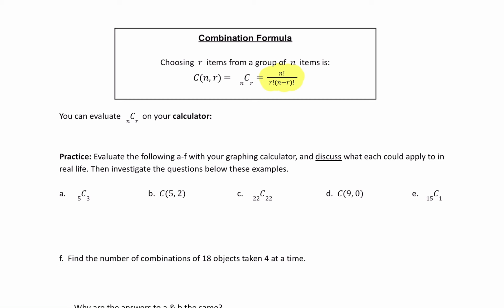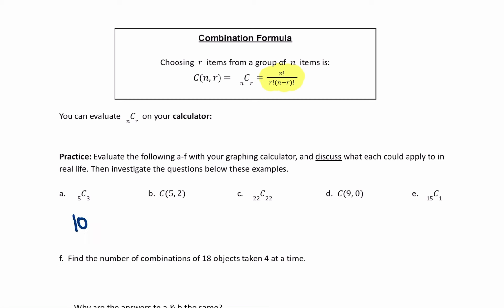You're going to push the PRB button, and then instead of doing nPr, because that was permutations, now we're in combination, you're going to push nCr, which is the second option, and then you'll put a 3 in. When you do that, your answer should end up being 10. Okay? So when we do 5 choose 3, we get 10 as our answer.